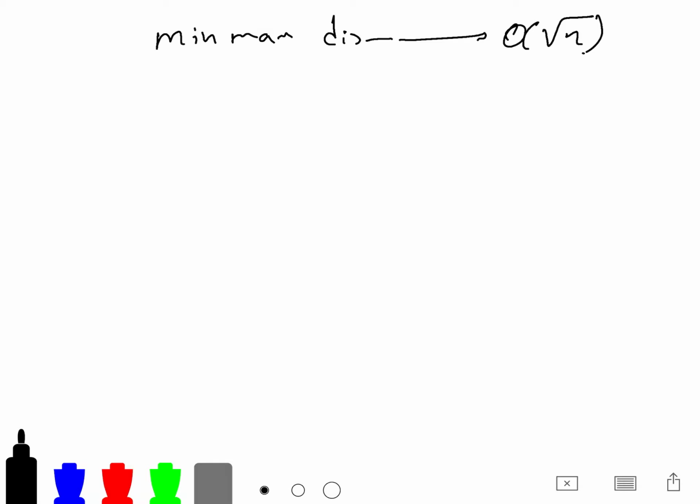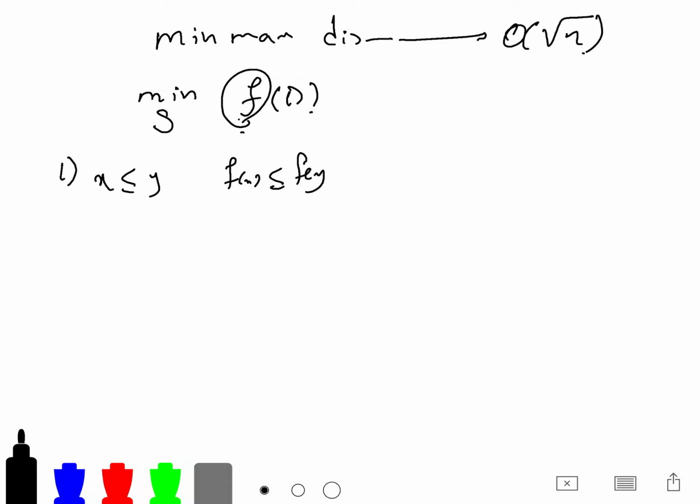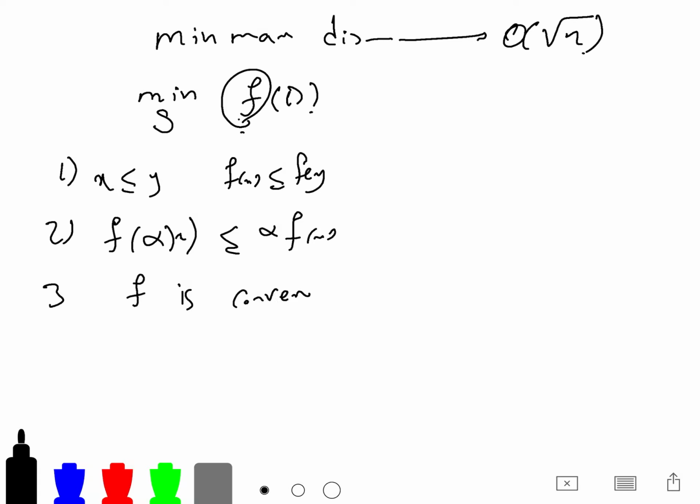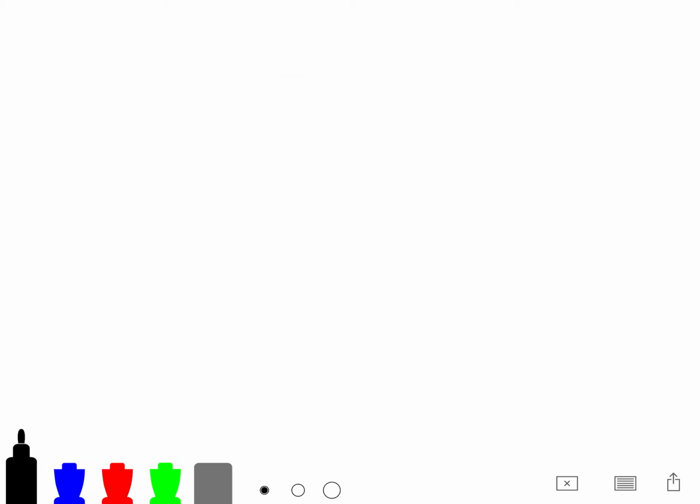So f should be the function that I told you, we want to minimize over all S's the maximum, for example, f is maximum. f should satisfy, first of all, if x is less than y, f of x should be less than f of y. Second, f of alpha x is less than alpha f of x. And third, f is convex. It's very important because if it is convex, then we can use linear programming.